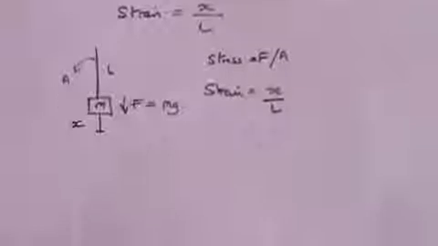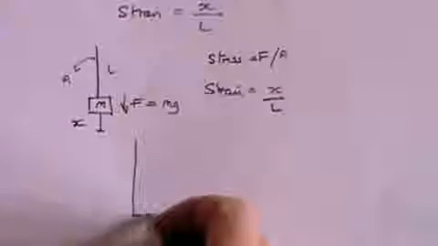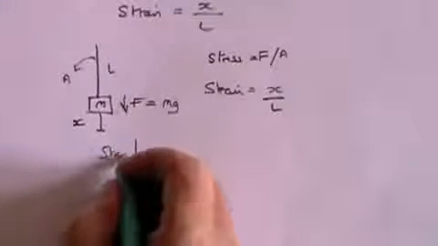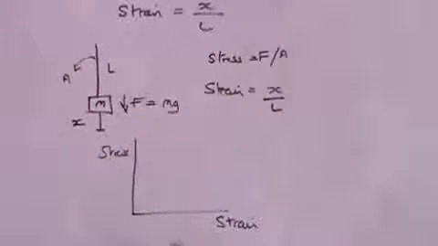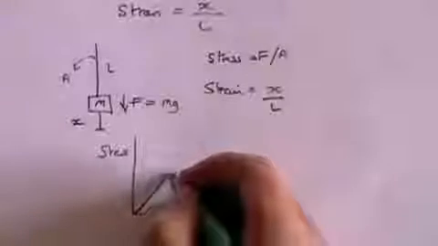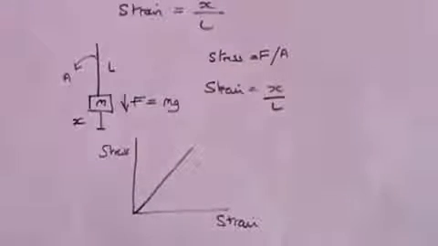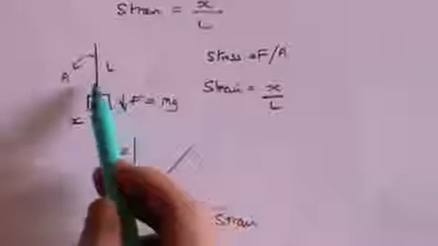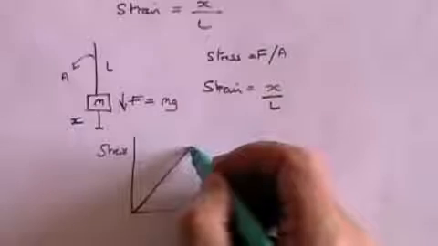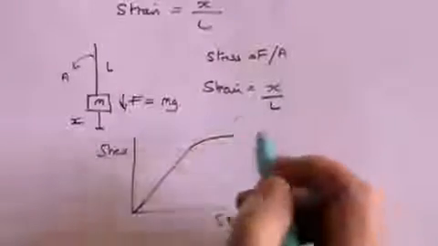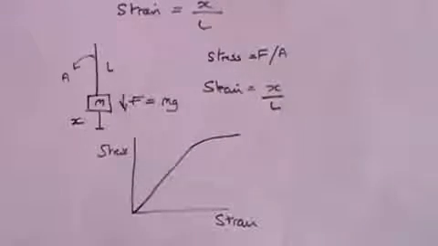And that means you can now plot a graph of stress against strain. And what you'll find is that you will get a straight line, and that's a Hooke's law consequence. But eventually, of course, what will happen is that the material, the wire, will no longer return to its original position. It will become permanently deformed, and so you'll get a graph that looks like that.